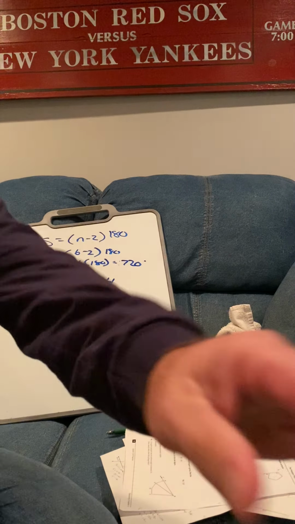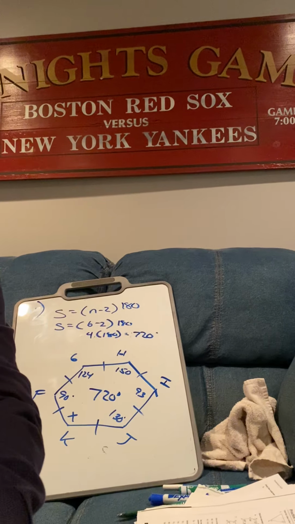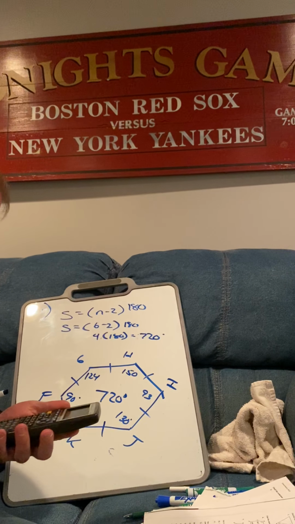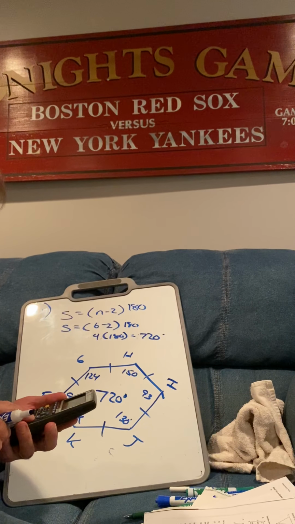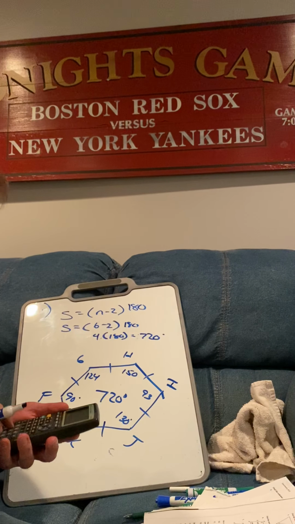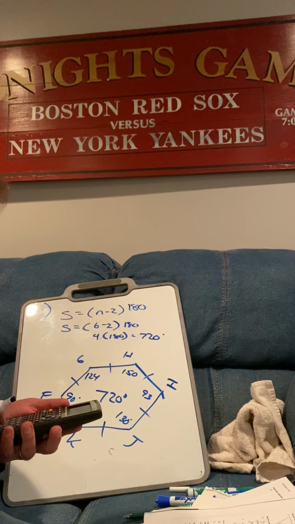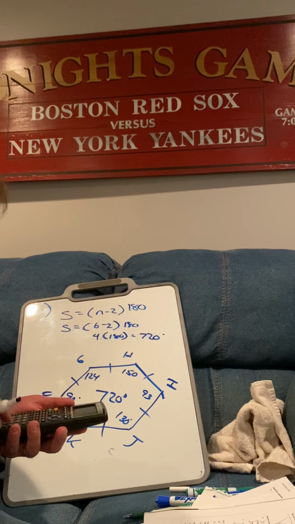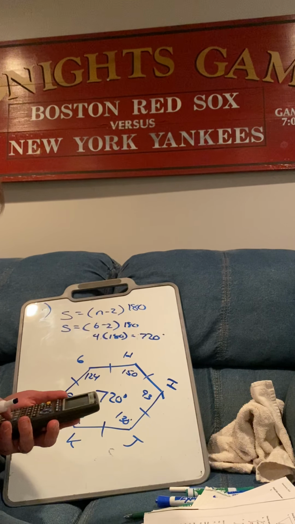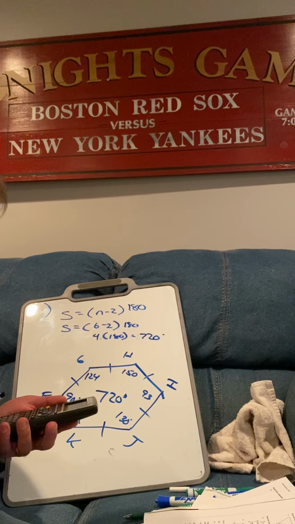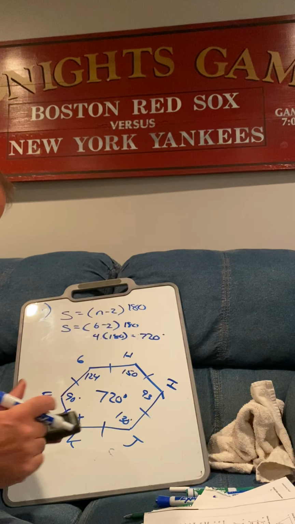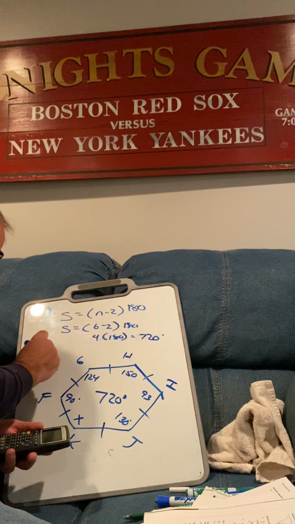What we have to do is add up those remaining angles. So if I add up 124 plus 150 plus 93 plus 130 plus 90, I end up with 587 degrees.